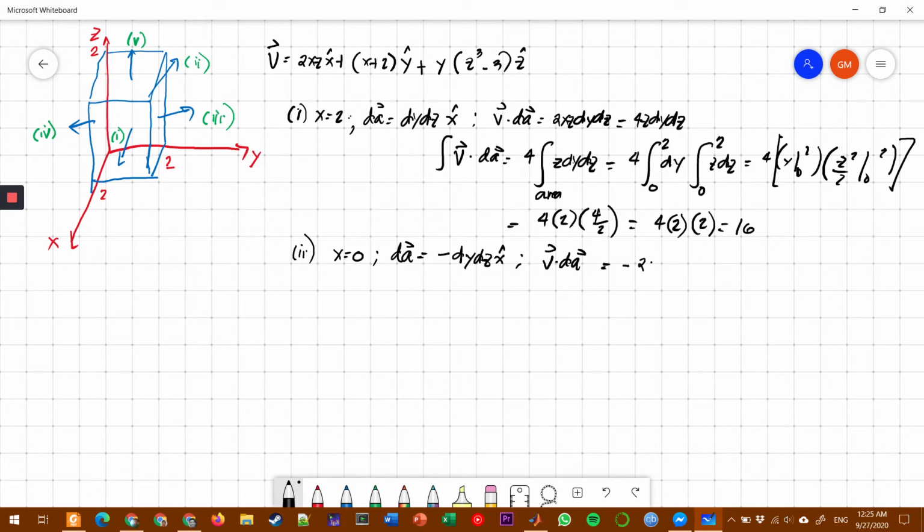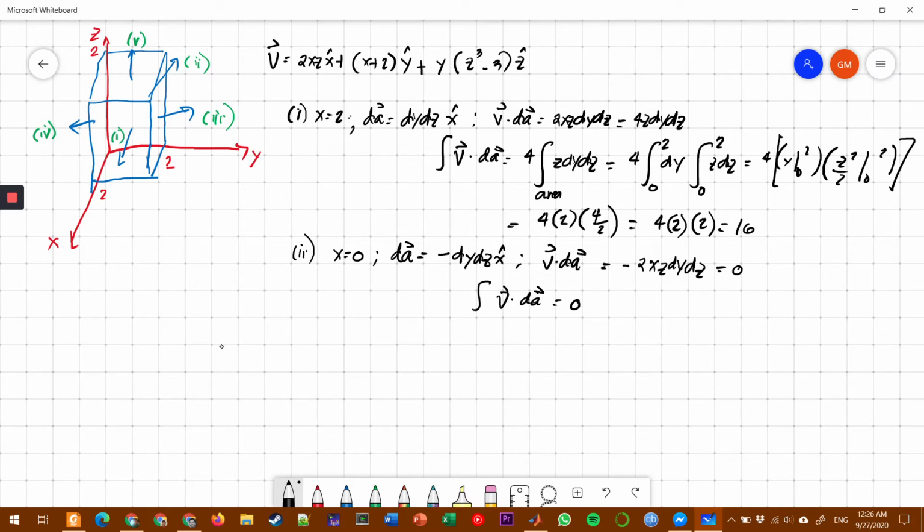So we have 2xz dy dz, but since x here is just 0, this will just give me 0, right? Therefore the v dot dA is just 0. So it has no value.